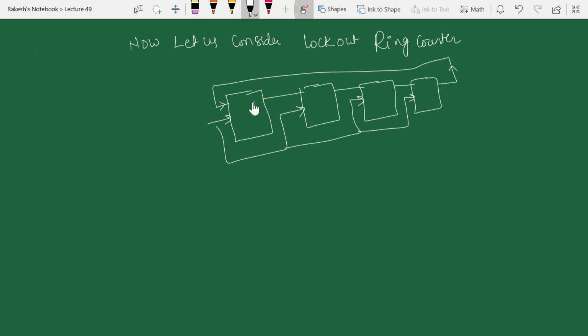So here D0, D1, D2 and D3. If you remember the procedure, you are supposed to manually set your D0 to 1 to start the counting process. This is the first thing.